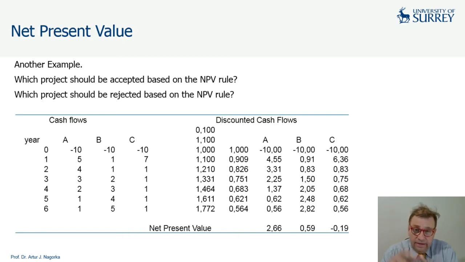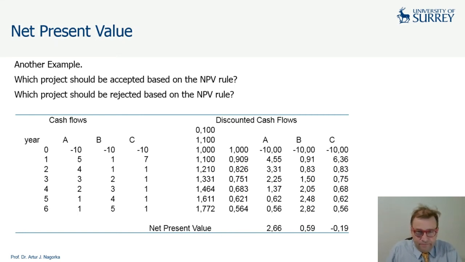It's 0.59. And in case of C, despite the fact that it's very big in year 1 and 7, in the next years it gives only 1, 1, 1, 1. So suddenly, when we calculate the net present value, we come to the figure of minus 0.19. So what should be the answer?